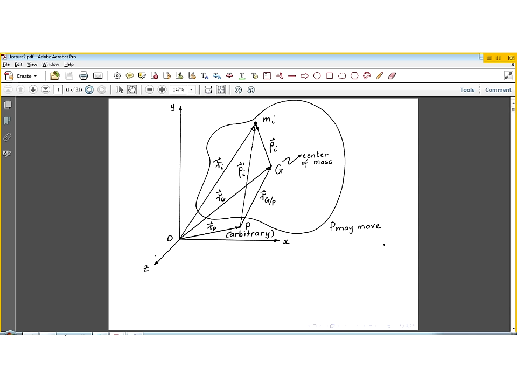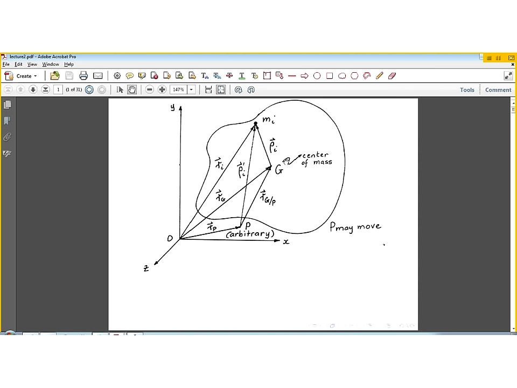So I'll have a lot of these vectors r sub I, each with a different value of I, the label of the different particles, and an equal number of these rho sub I vectors. In fact, I will have as many rho sub I vectors and as many r sub I vectors as there are particles in my system. For each of those particles, I will be able to define its position vector r sub I and its position vector rho sub I relative to the center of mass.